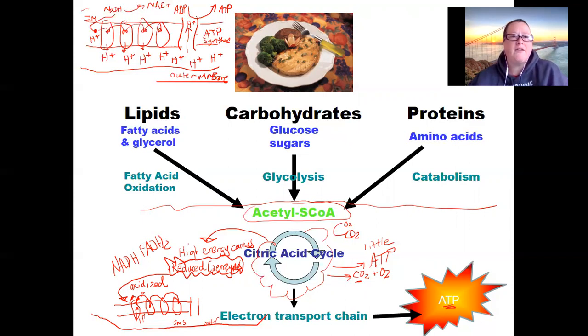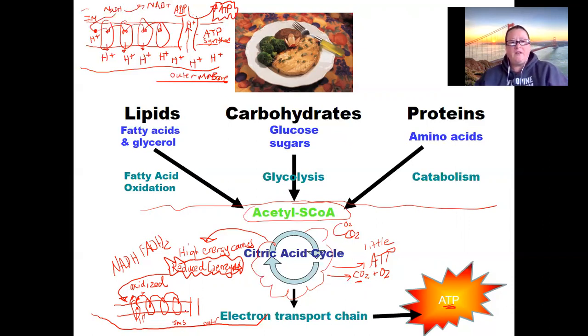That flow of hydrogen ions provides the energy to add a phosphate group to adenosine diphosphate to produce the adenosine triphosphate, which is a high energy molecule.